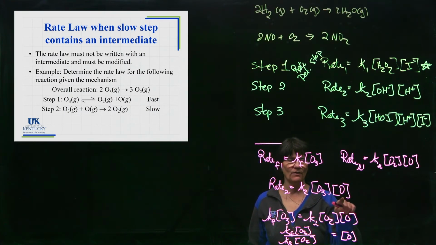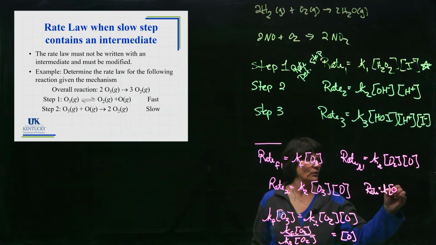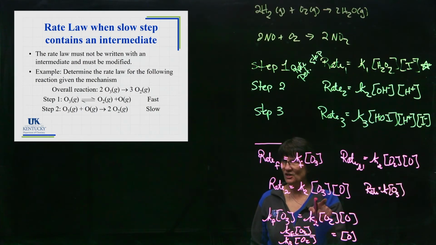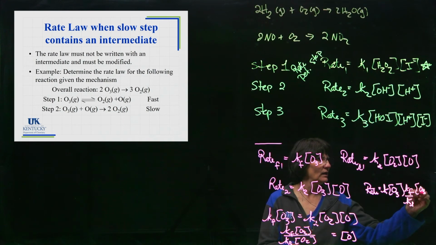I'm trying to get rid of that O right there. So the rate of this second reaction is equal to K times O3 that I already had. I didn't change that. And in place of this O, I'm going to put KF over KR, O3 over O2.